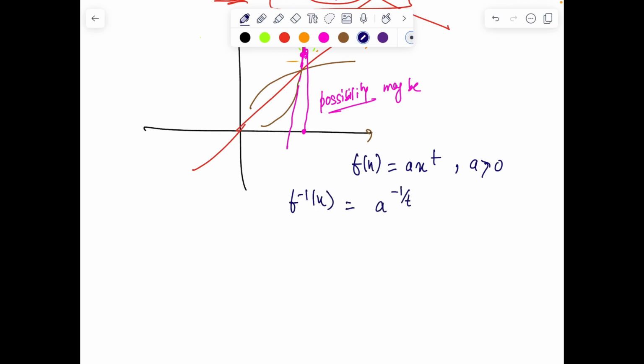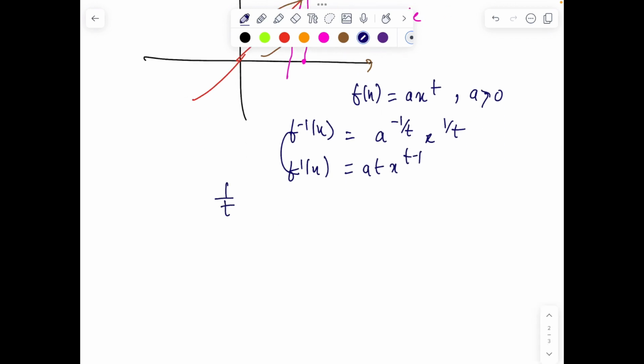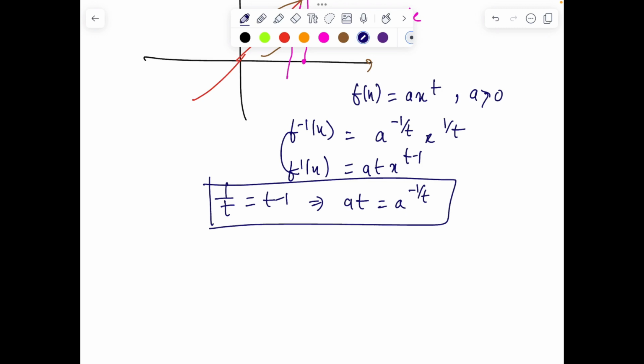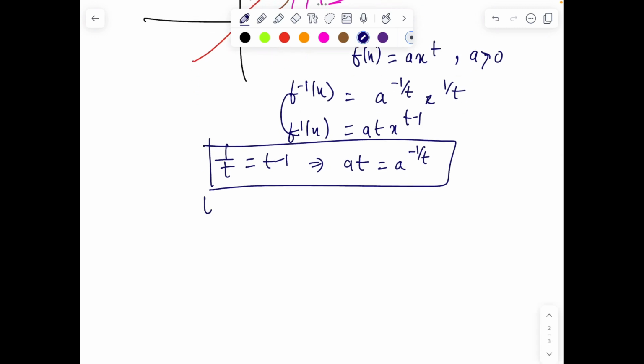We get a to the power minus 1 by t, x to the power 1 by t. And f dash x is a t x to the power t minus 1. So if we equate, we get 1 by t equals t minus 1, and a t equals a to the power minus 1 by t. Now clubbing both these equations, we get the value of t as 1 plus root 5 by 2, which is given a special name in mathematics, the golden ratio.